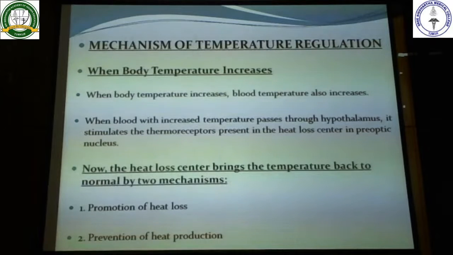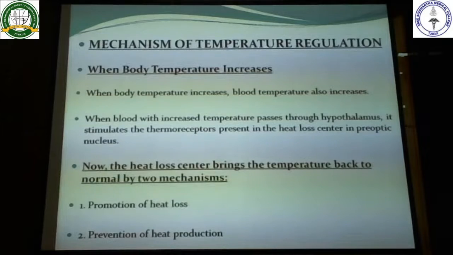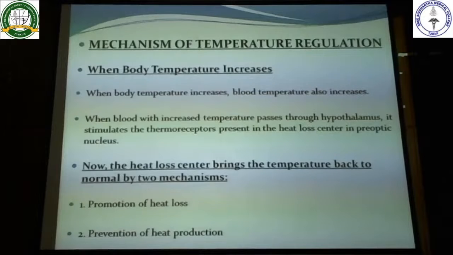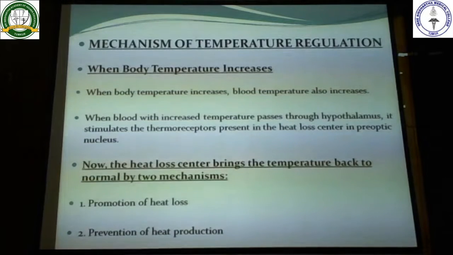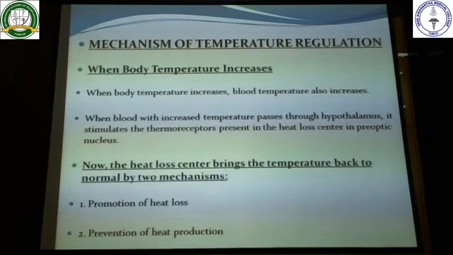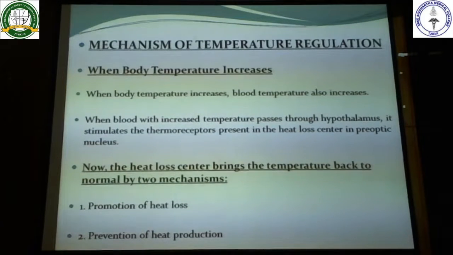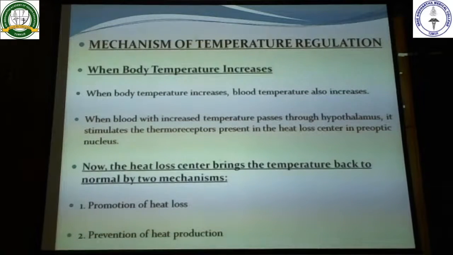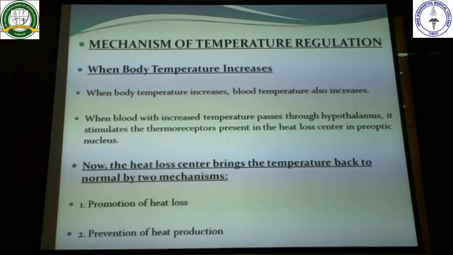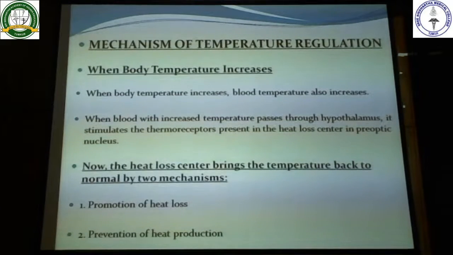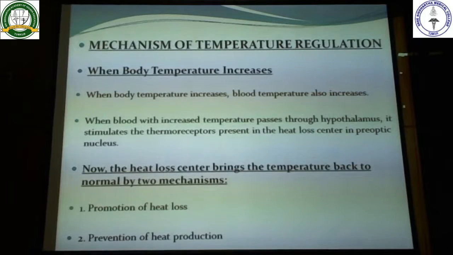Now coming to the mechanisms of temperature regulation. What happens when the body temperature increases? The temperature of the blood also increases, and once this blood is passing through the preoptic nucleus of the hypothalamus, the thermoreceptors are stimulated, and as a result the preoptic nucleus is stimulated, and it will see to it that the heat is lost from the body.